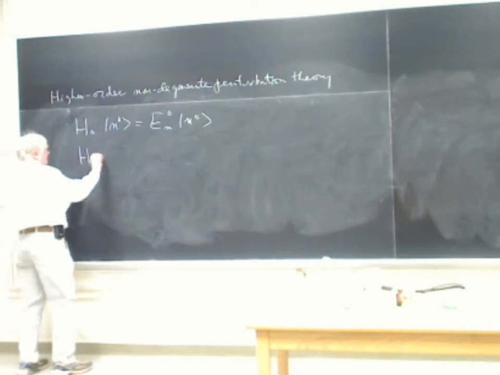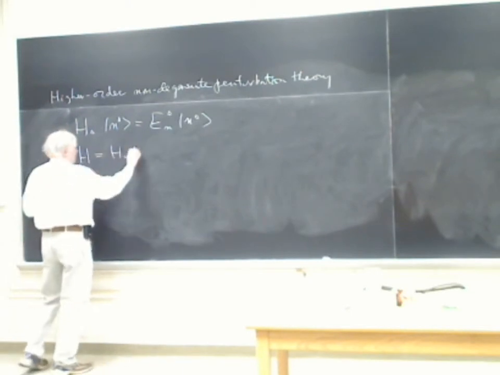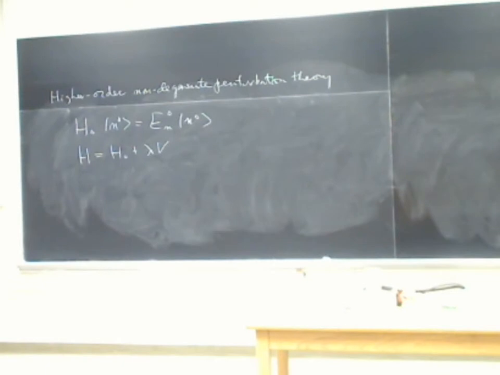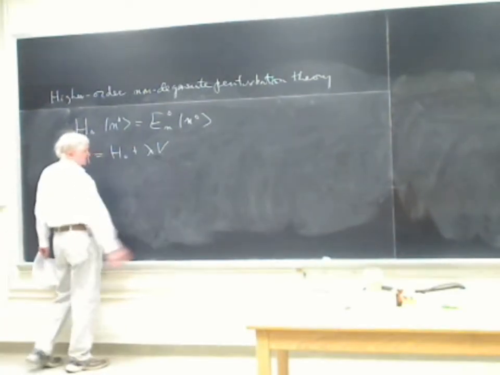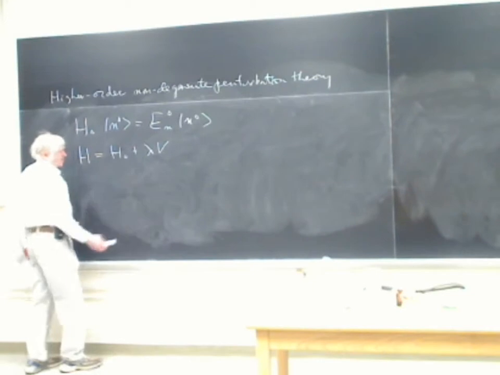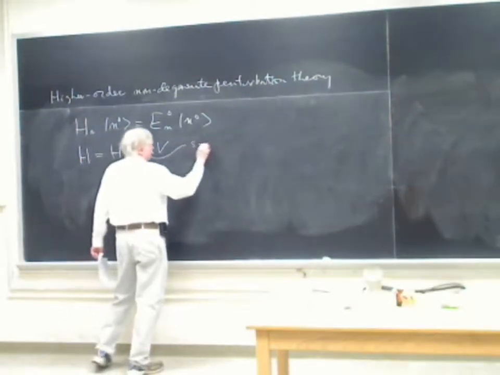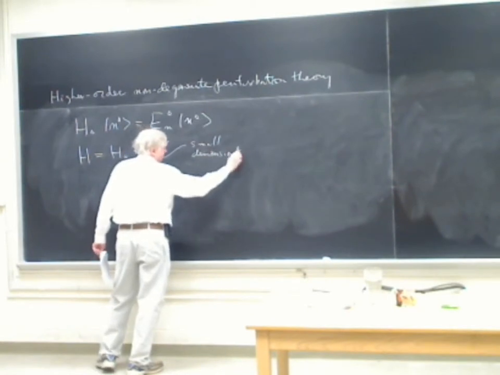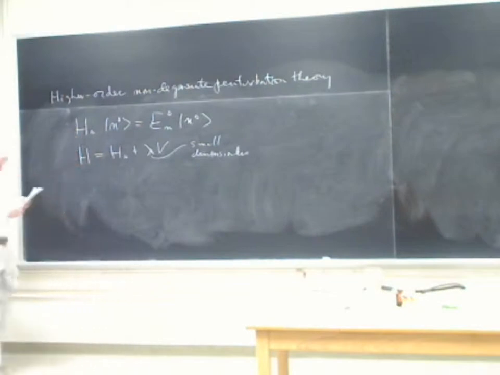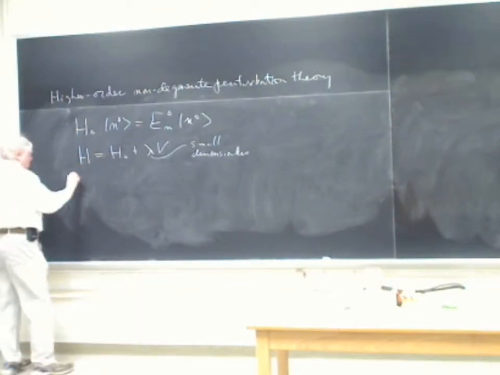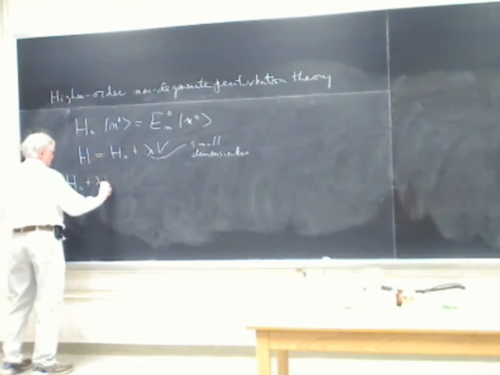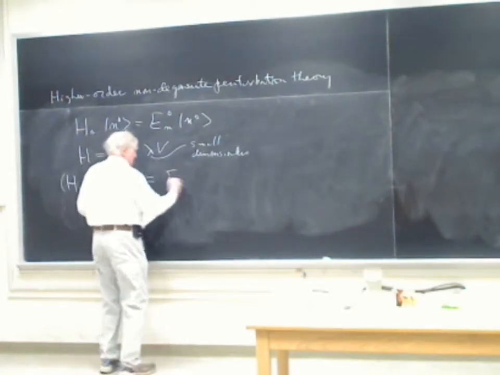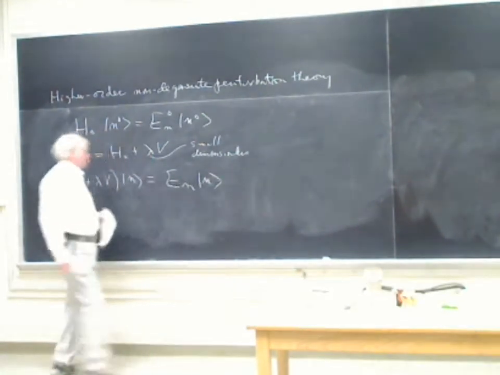On the other hand, the Hamiltonian that we want the energy levels and eigenstates of differs by a potential, which is of course a Hermitian operator, multiplied by a small dimensionless parameter. And so the equation we seek to solve is H0 plus lambda V on some state n is equal to E sub n. So that's the goal.